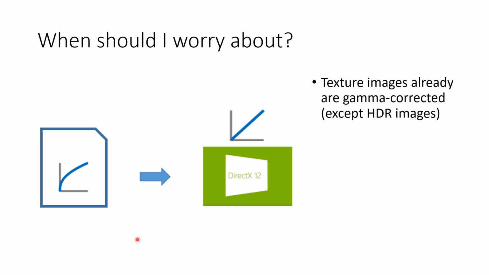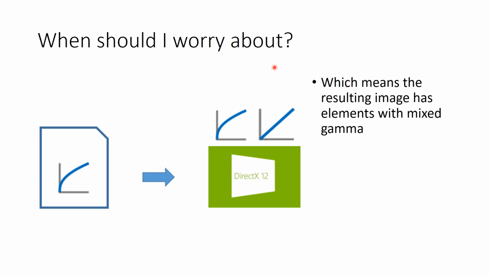An exception to this rule are HDR images because they are stored linearly in memory. Then it means that the resulting image has mixed elements, because in this case you're working with linear data and in this case you're working with gamma data.